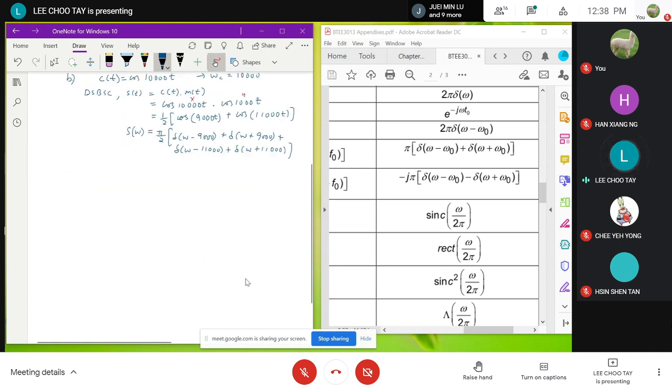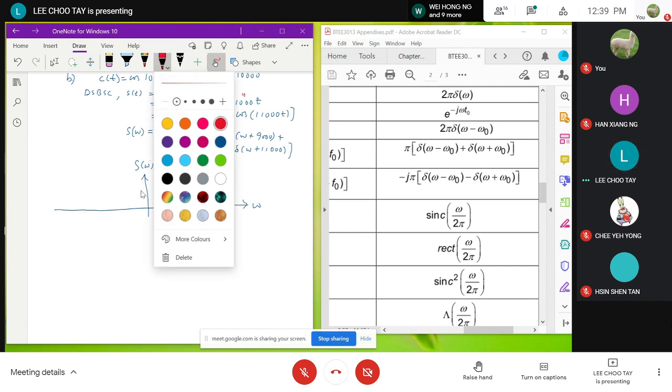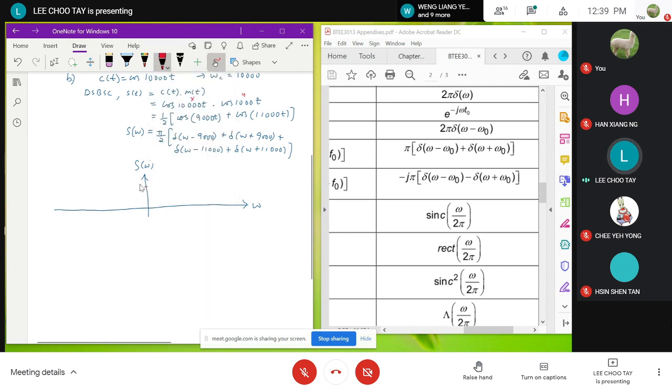Okay, with this I can now plot my spectrum. Again, this is omega, and this is S omega. The amplitude will be pi over 2, so let's use red here. Where are my impulses?